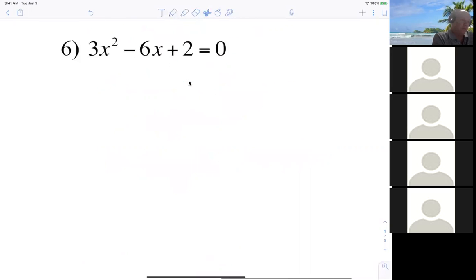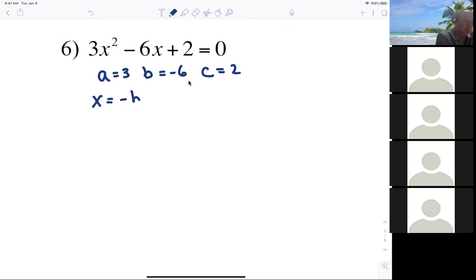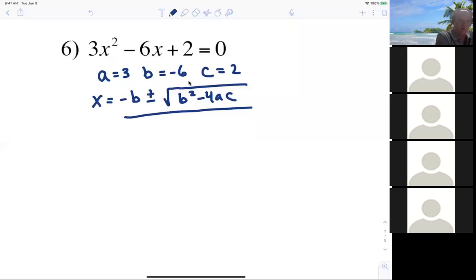Okay. So now, next, A equals 3, B equals -6, and C equals 2. Then I'm going to write down X equals -B plus or minus square root of B squared minus 4AC all over 2A.